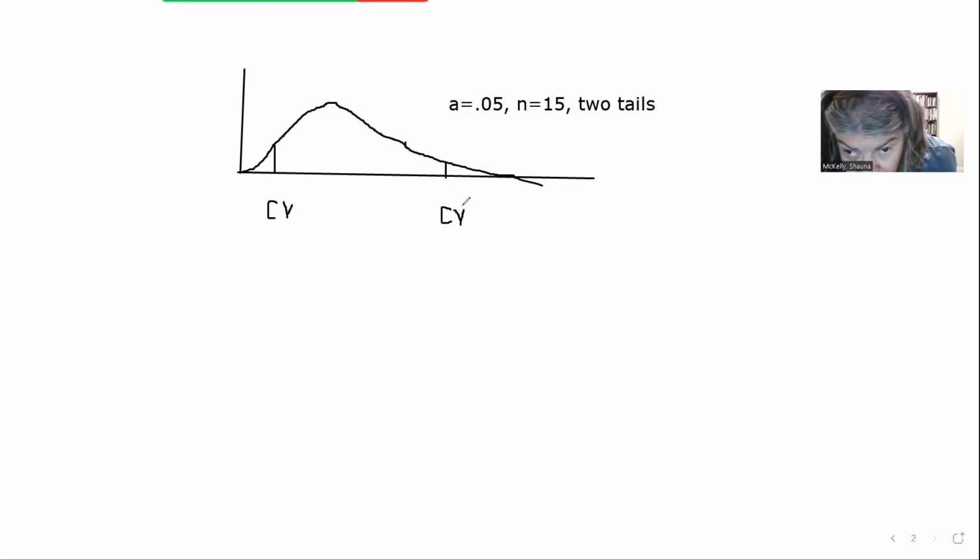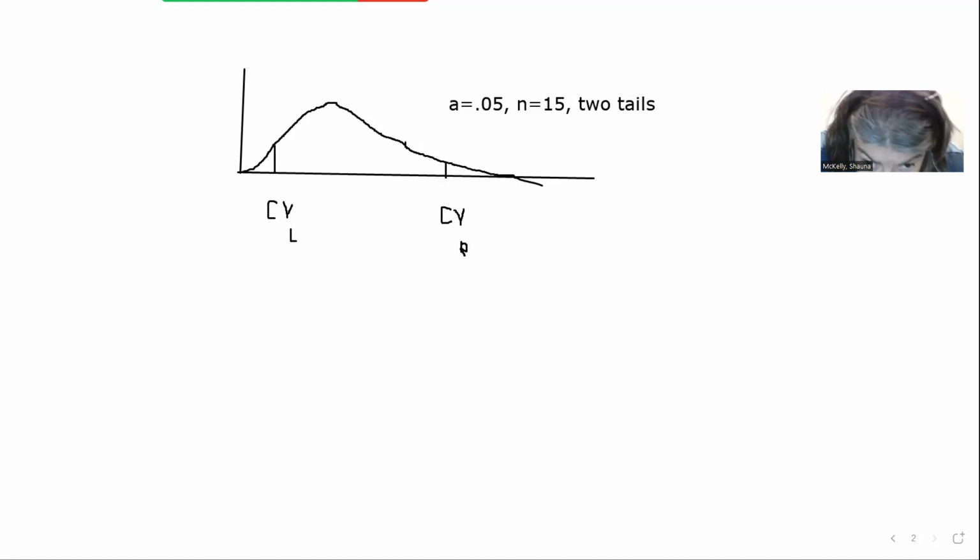So I'm going to call this my left critical value, and I'm going to call that one my right critical value, just to make things a little bit easier for us, okay? Now, my left critical value is going to be just the same as when we did a left-tailed test.